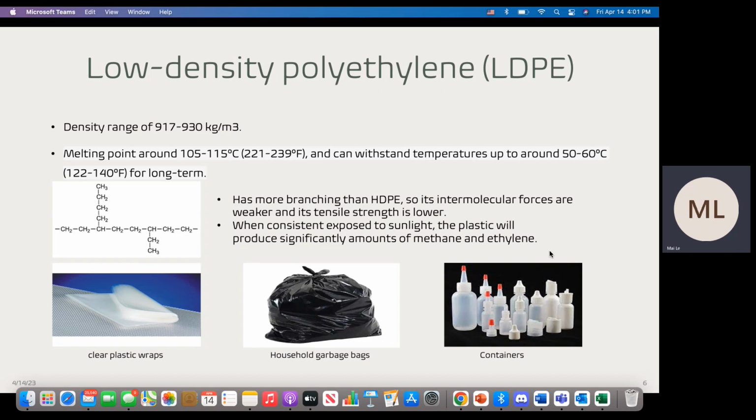It has more branching compared to HDPE, so its intermolecular forces are weaker and the tensile strength is lower. When exposed consistently to sunlight, the plastic will produce a significant amount of methane and ethylene. We can see some examples of products made from LDPE material such as clear plastic wrap, household garbage bags, or containers.